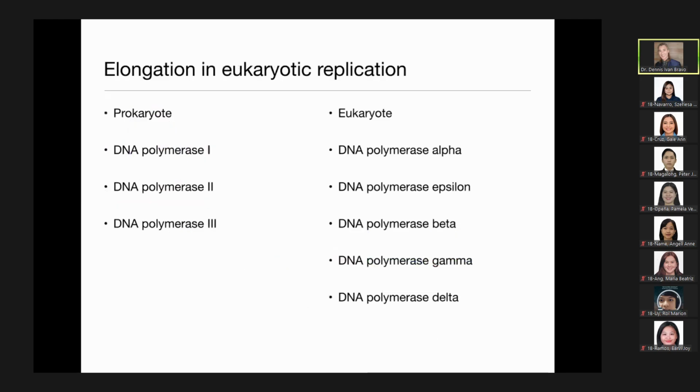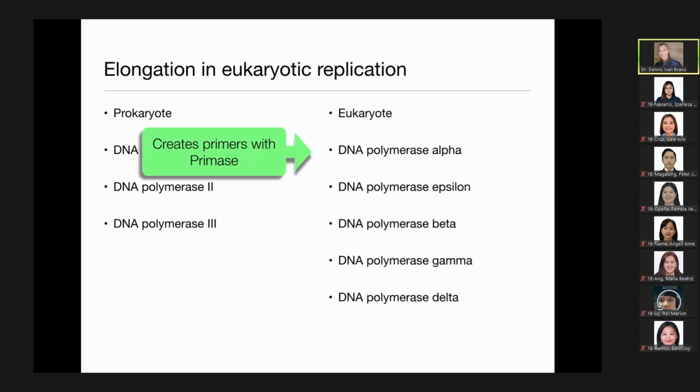What about the enzymes? In prokaryote, there are 3 DNA polymerases, with DNA polymerase 3 being the main replicative enzyme for both the leading and the lagging strand. In eukaryote, 5 DNA polymerases have been identified. These are the ones that you need to remember.